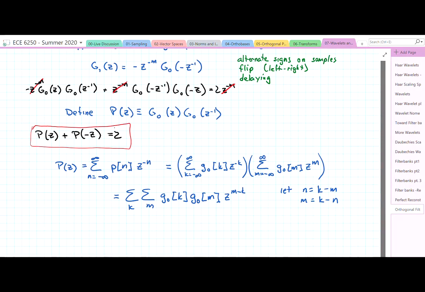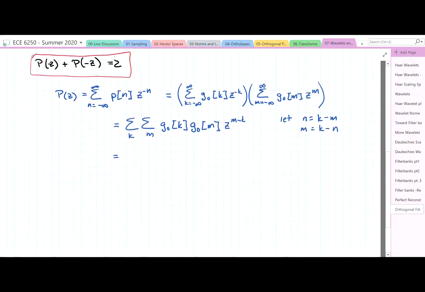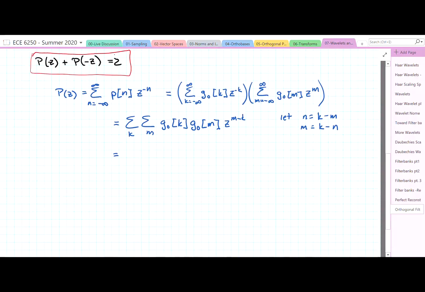So now we're up to the swapping the variables trick, and that gives us a sum over all n. So we've swapped the order and we've swapped the variables here. Wow, we're pulling out all the stops to prove this. G naught K minus N Z to minus N. Okay, so what is this?